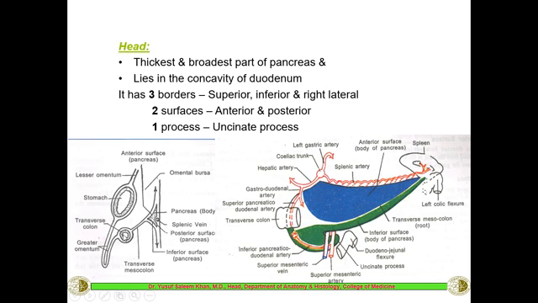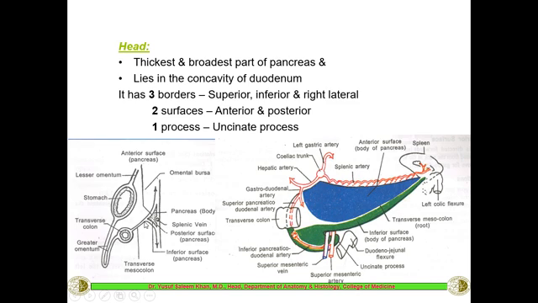So this is the transverse colon, and this is the transverse mesocolon, the peritoneal fold which is covering the transverse part of the colon. Okay, so this is called the transverse mesocolon, and the root of this transverse mesocolon is attached to the head as well as the body of the pancreas.